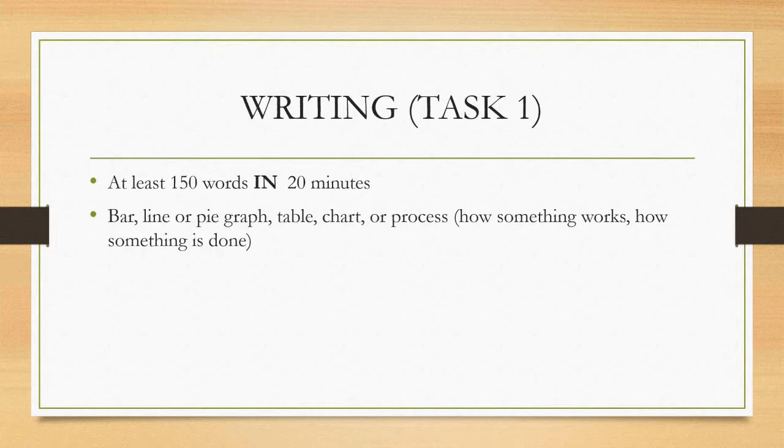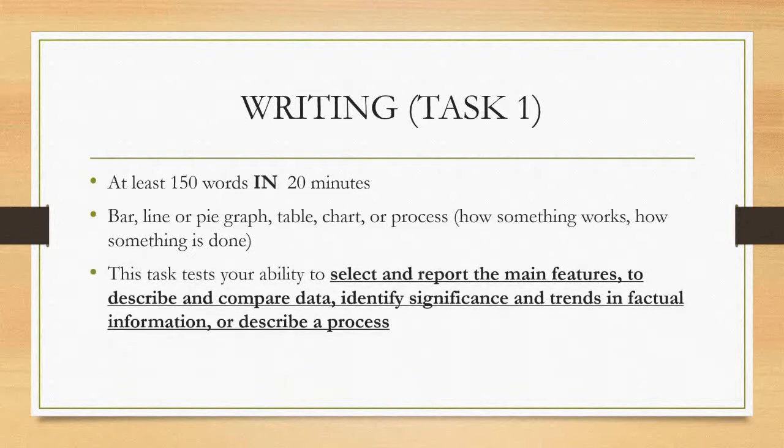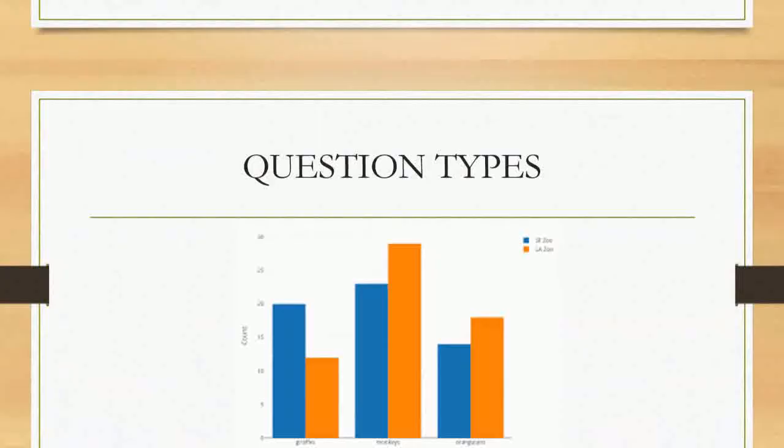It can be a bar graph, a line or pie graph, a table, chart, or process. And you will be asked to select and report the main features, to describe and compare data, identify significance and trends in factual information, or you will be asked to describe a process.